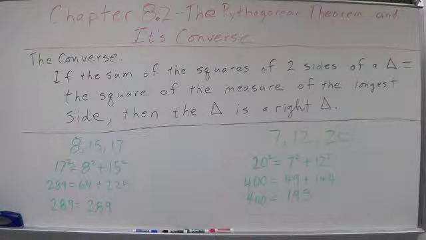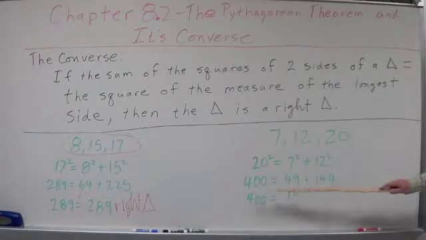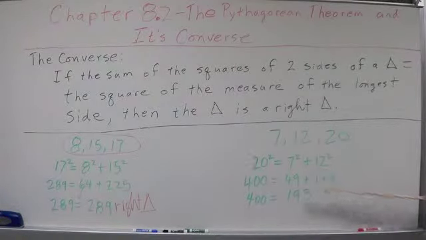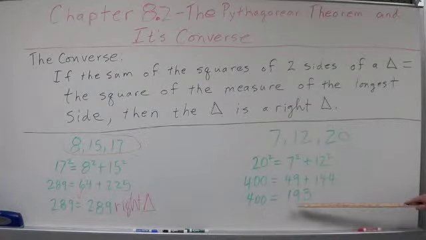Now let's take another one: 7, 12, and 20. Let's put them into the Pythagorean theorem. Obviously, the longest is going to go where c would go. And so we have 20 squared equals 7 squared plus 12 squared. 20 squared is 400, and 7 squared is 49, 12 squared is 144. 400 does not equal 193.